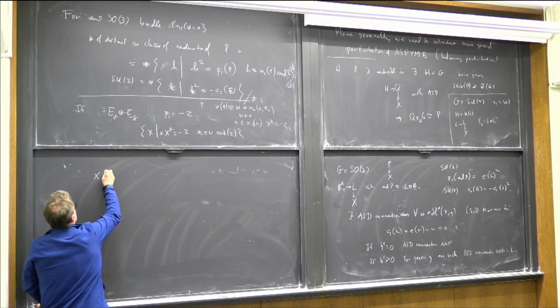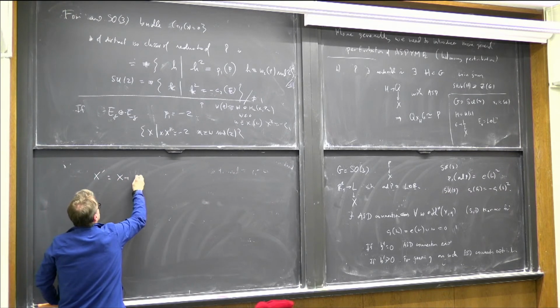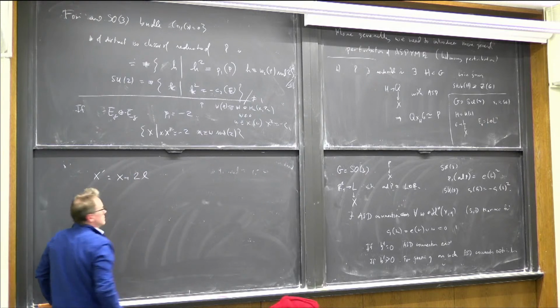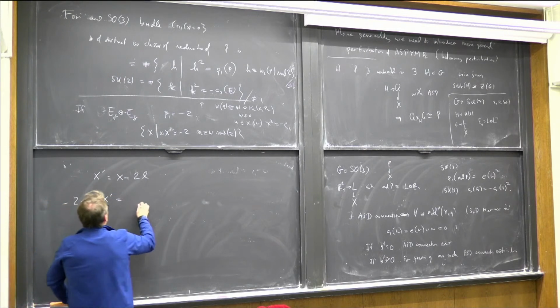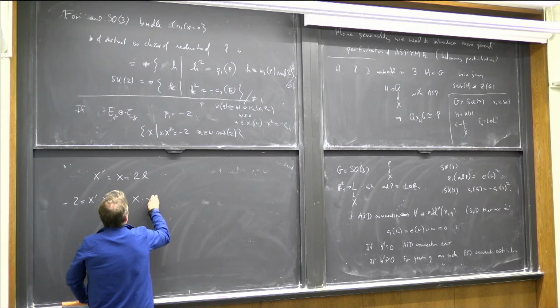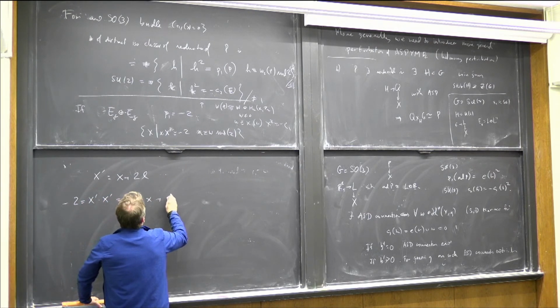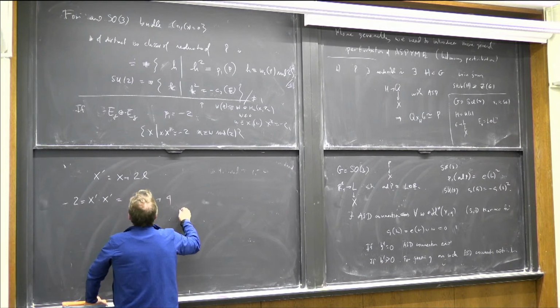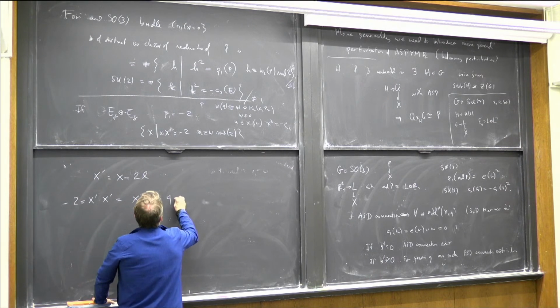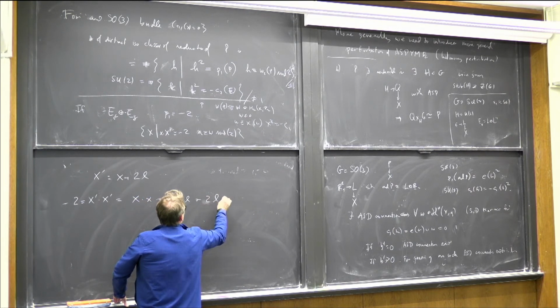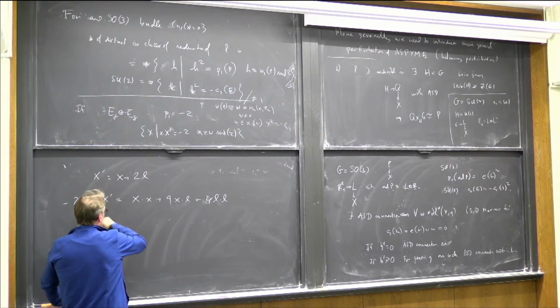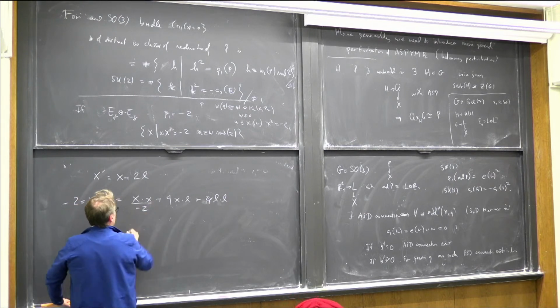If I have another solution, x prime has to be x plus 2L. And I know that minus 2 is equal to x dot x plus 4x dot L plus 4 L dot L. And that's also minus 2.